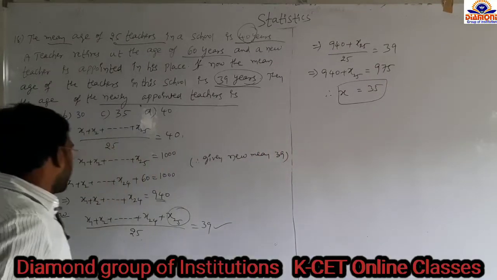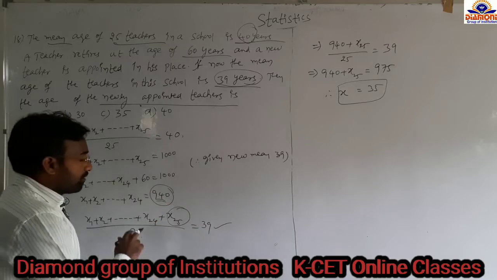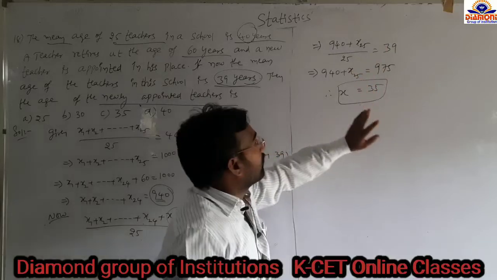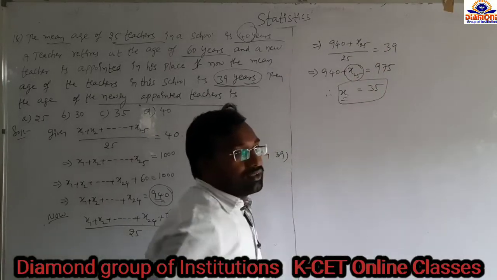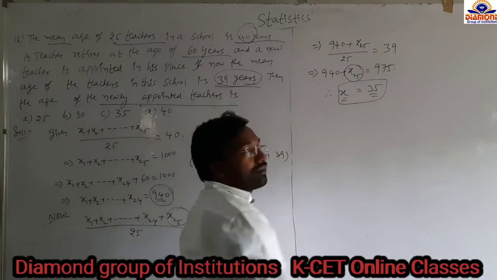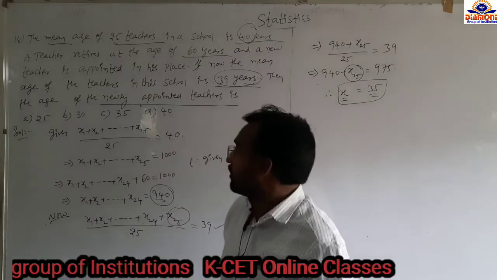Already you know x1 plus so on up to x24 is 940. So 940 plus x25 equals 975. Bring 940 to this side: 975 minus 940 equals 35. So the newly appointed teacher's age is 35. So option is C.